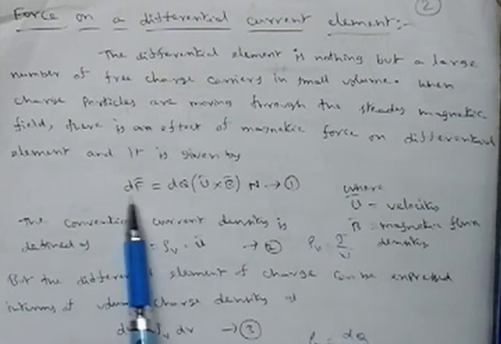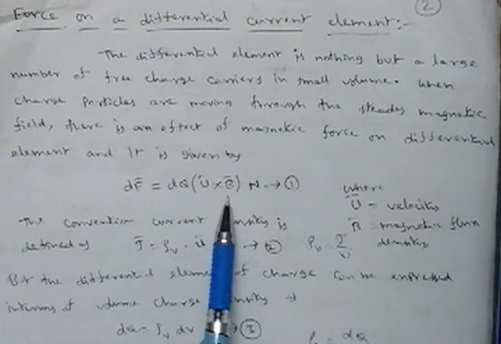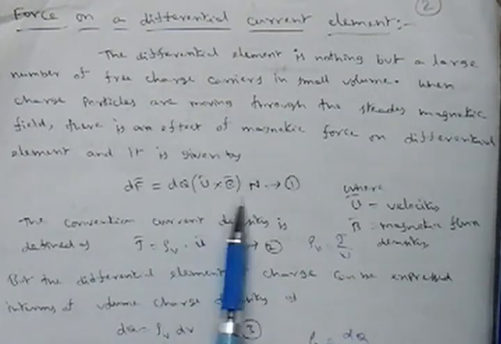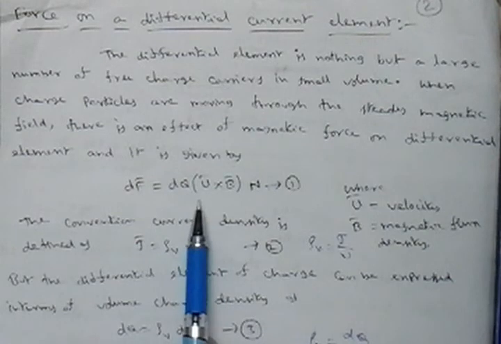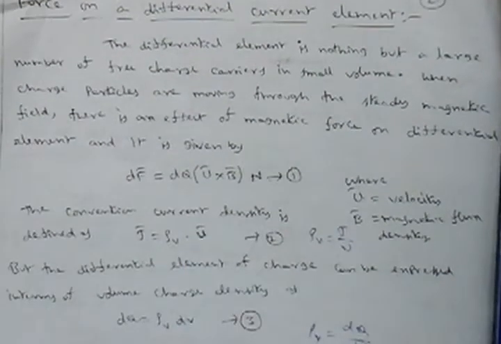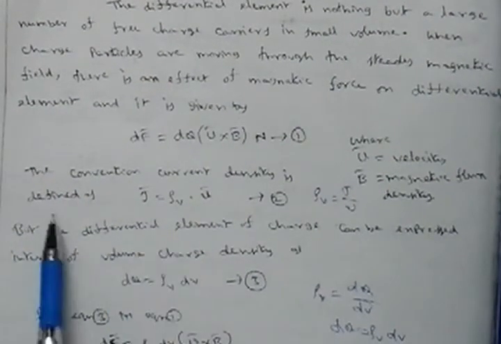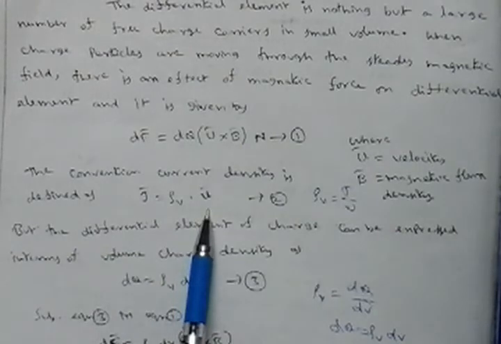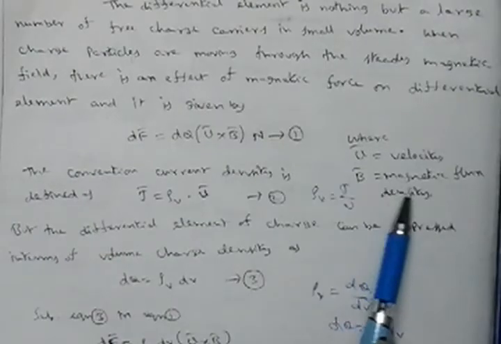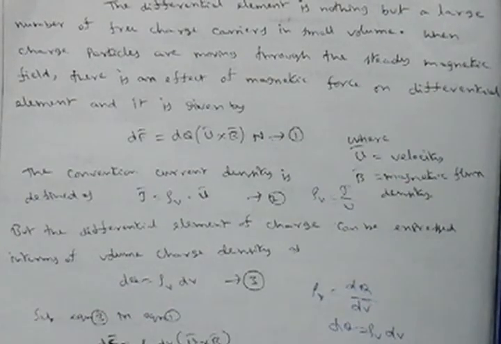For a differential current element, dF is equal to dQ V bar cross B bar. It is only for a magnetic field, there is no electric field, that's why the QE term is not present. Next, the convection current density is given by J is equal to rho V into V, where V is the velocity and B is the magnetic flux density.